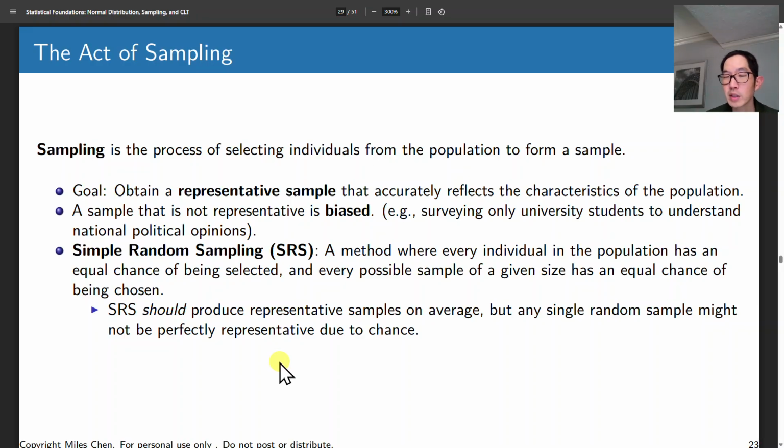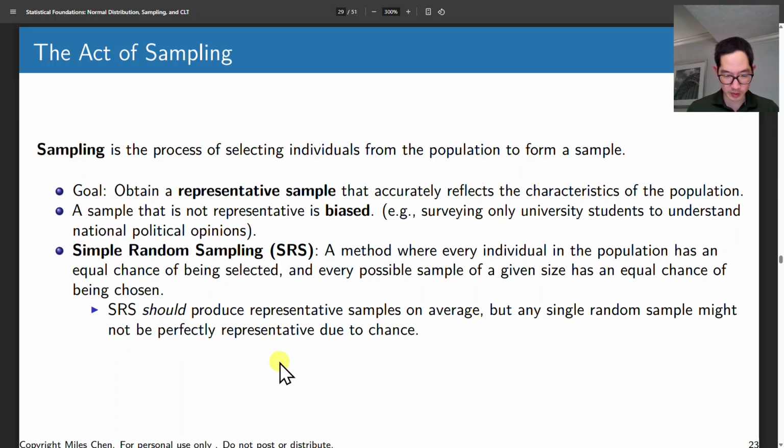Now, one method that should produce a representative sample, not guaranteed, is simple random sampling. That means every individual in the population has an equal chance of being selected, and you randomly select individuals one at a time. Another aspect of simple random sampling is that every possible sample has an equal chance of being selected, which is kind of a weird thing, but think of a lottery ticket.